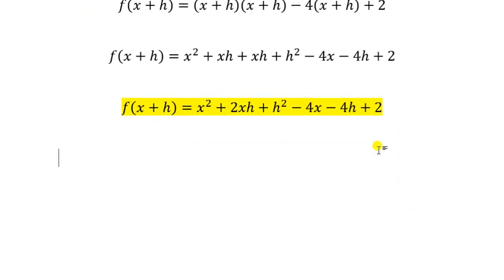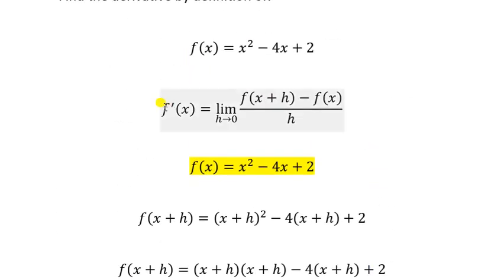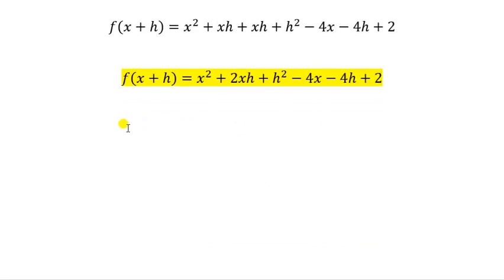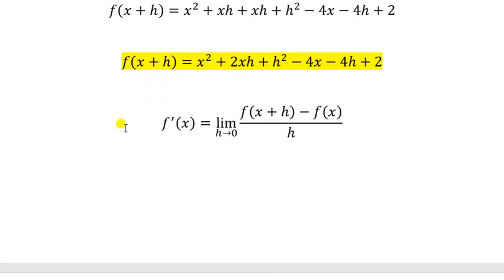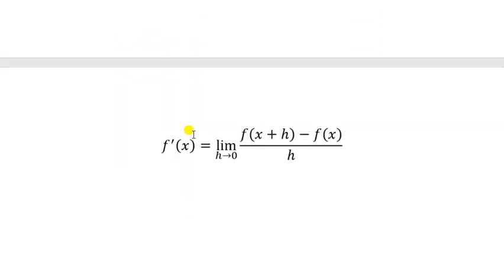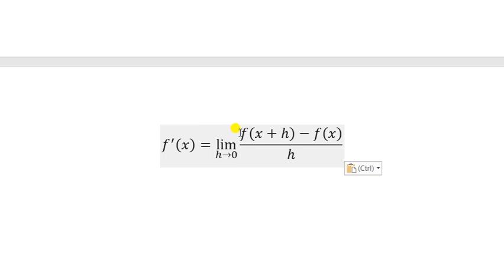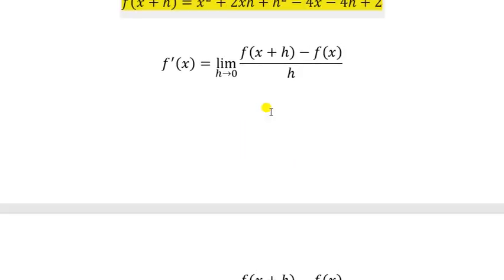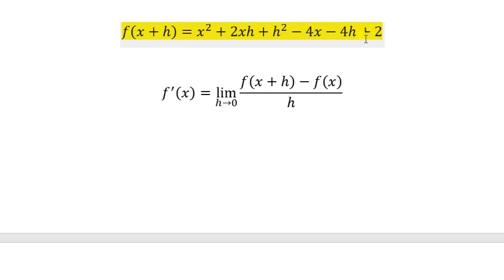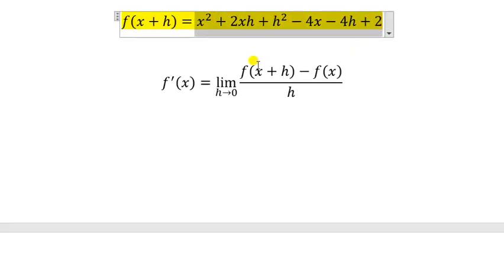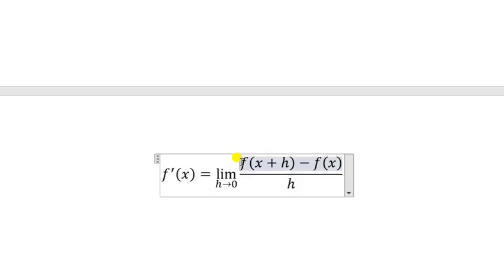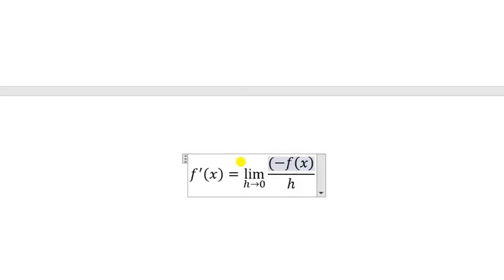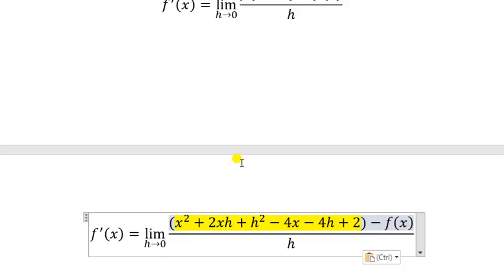So now we can make use of the definition of the derivative and do the respective substitutions. We know that f of x plus h is this answer we got here. So we just copy it there instead of this f of x plus h. I'll write it inside parentheses. So you can see that there was a substitution there.